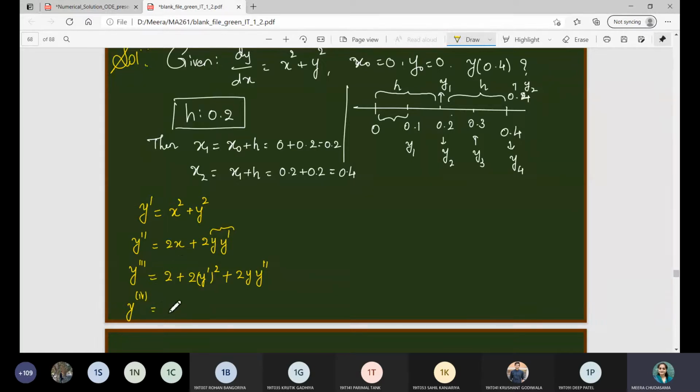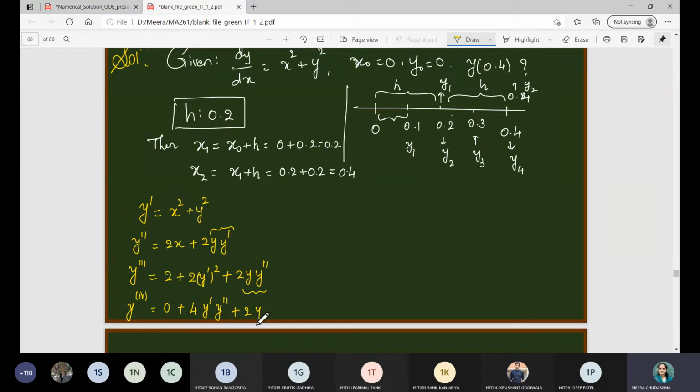The 4th order derivative will be the derivative of this one. The derivative of 2 is 0, plus 2 is already there, and the derivative of y' square is 2y' into the derivative of y', so y''. Plus again these two are functions of x, therefore we again apply the multiplication rule.